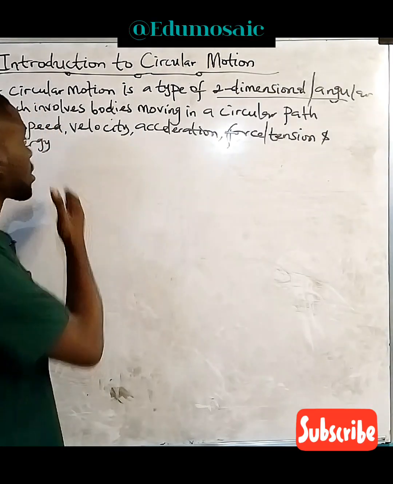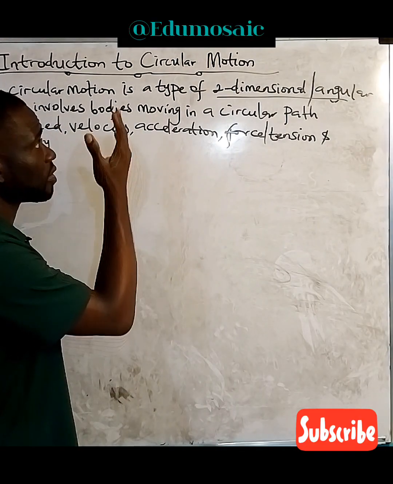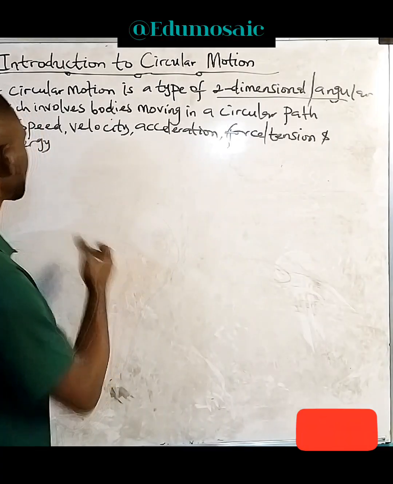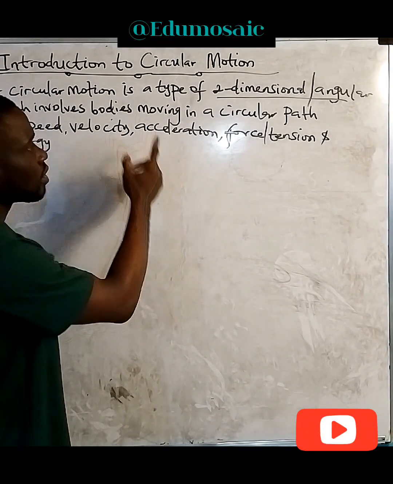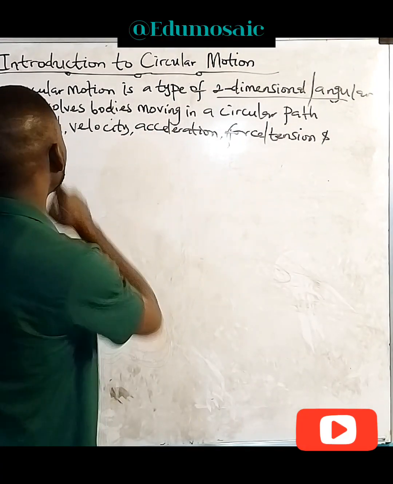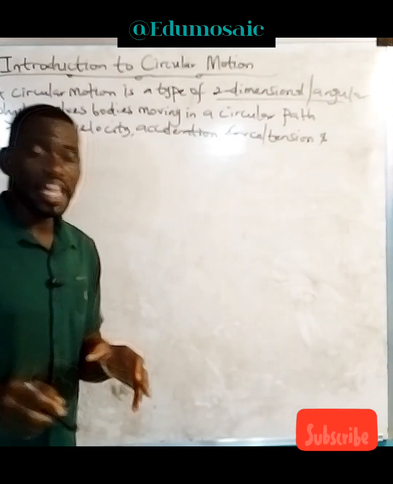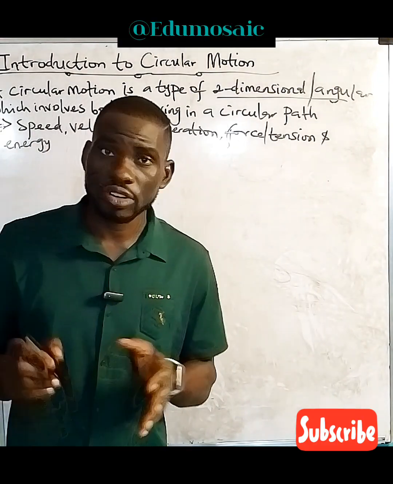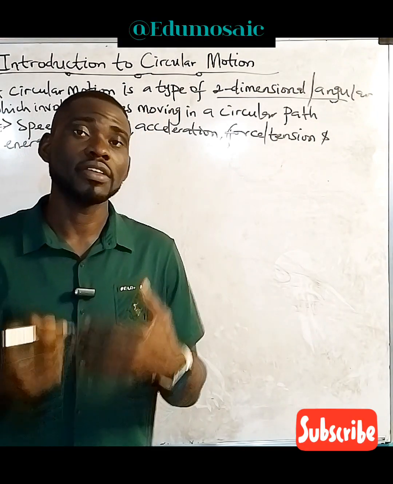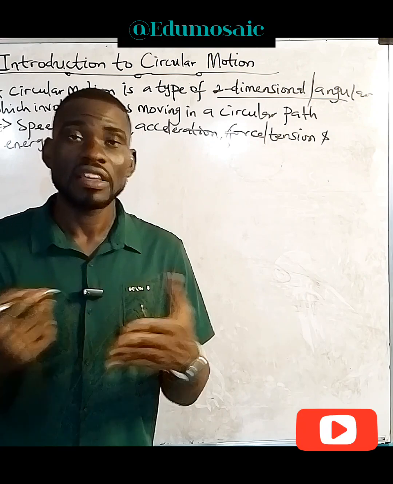So these are the terms we're going to be using when it comes to circular motion. So we're going to be discussing speed, velocity, acceleration, force or tension, and energy. But today we are not going, as I said, into calculation. We're just going to be looking at the basic concept of circular motion.